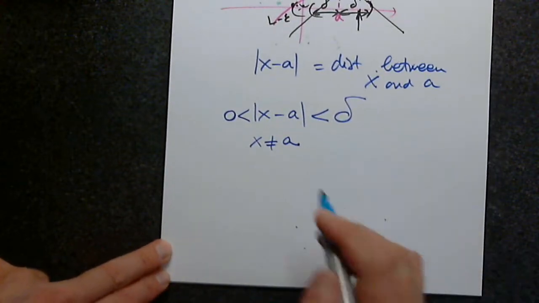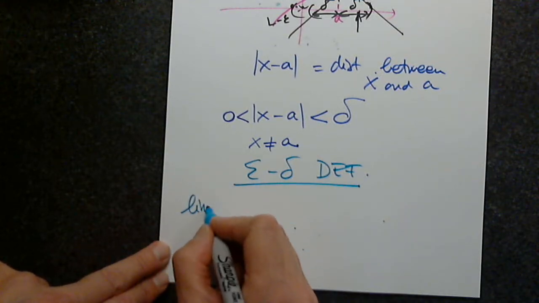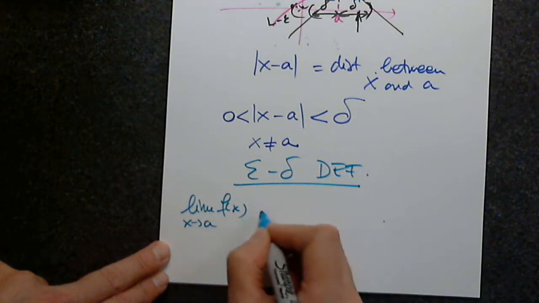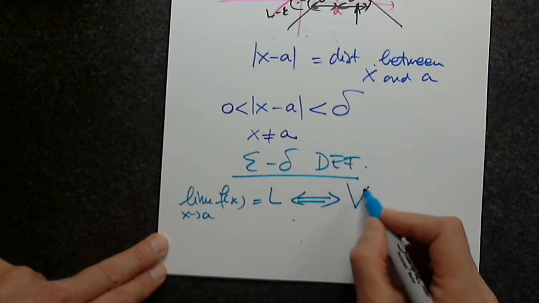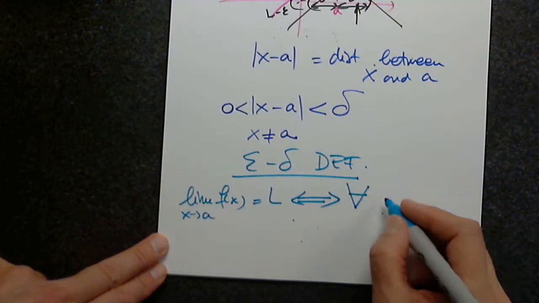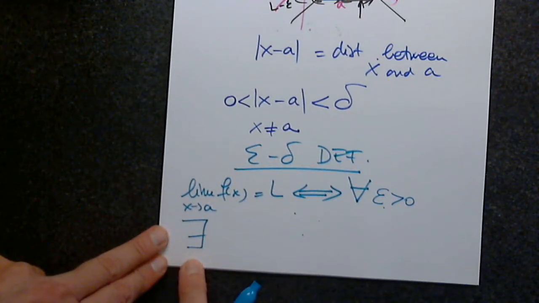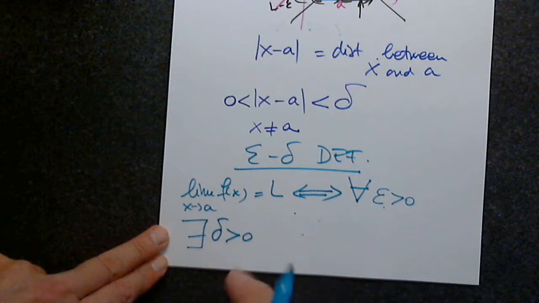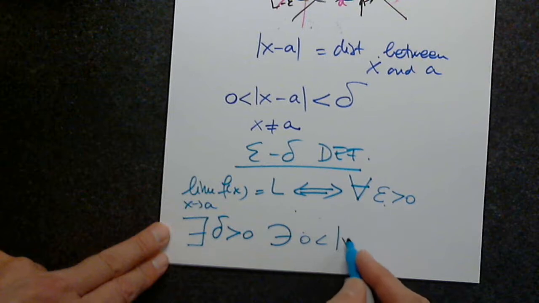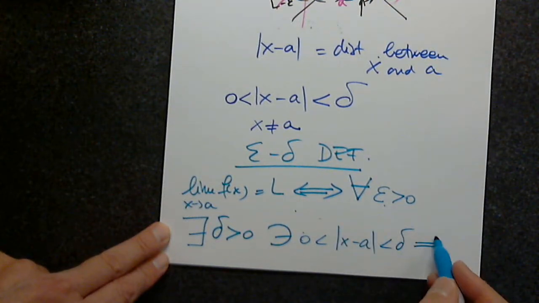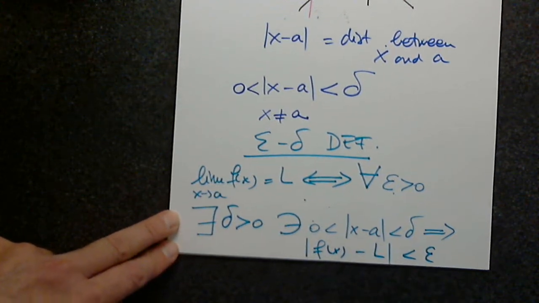So here is the formal definition now. The epsilon delta definition. The limit of f of x as x approaches a from either side is L. This is equivalent to, for every epsilon greater than 0, there exists a corresponding delta greater than 0, such that 0 less than the absolute value of x minus a less than delta will always imply that the distance between f of x and the limit is less than epsilon.